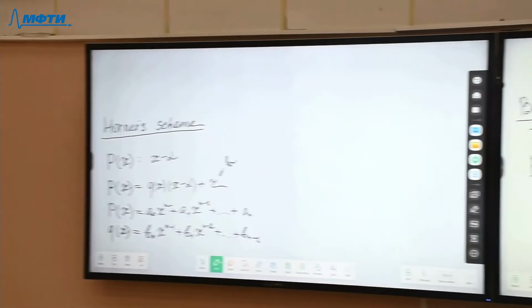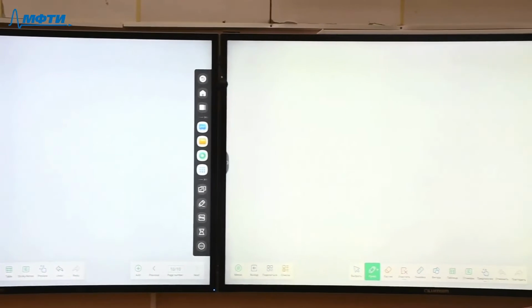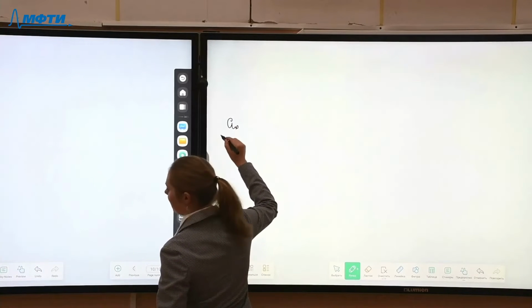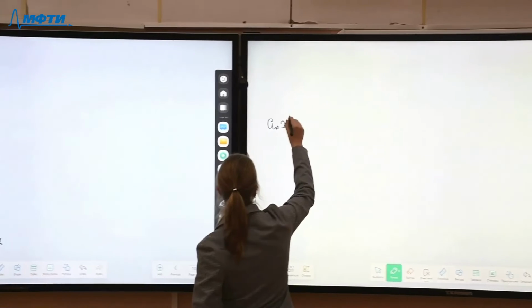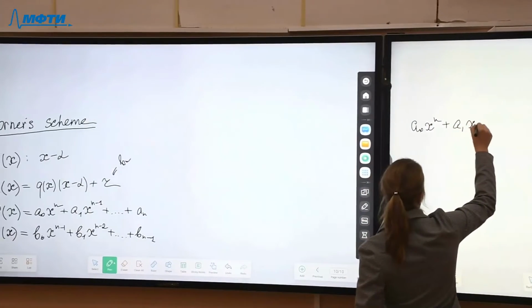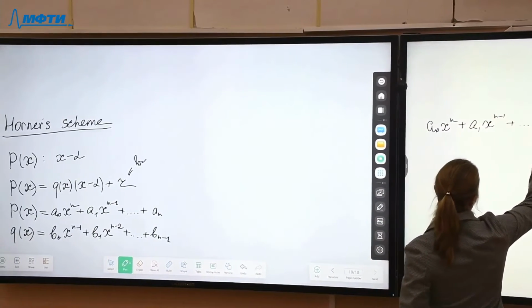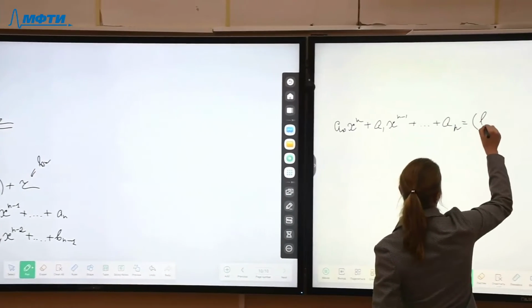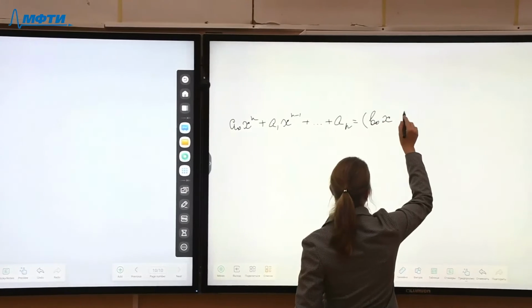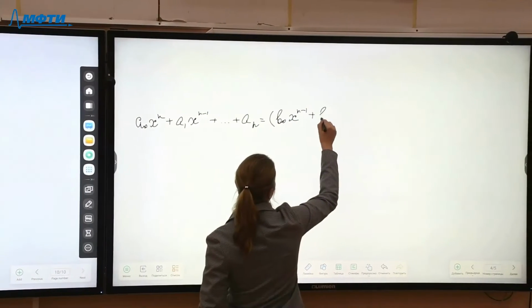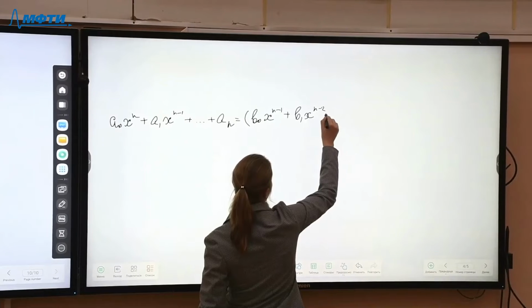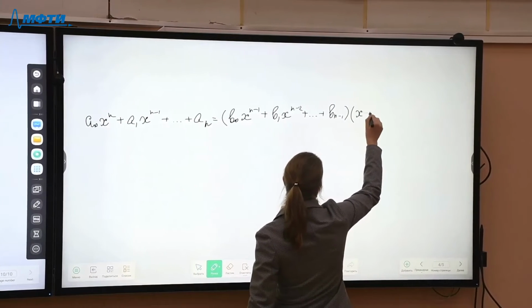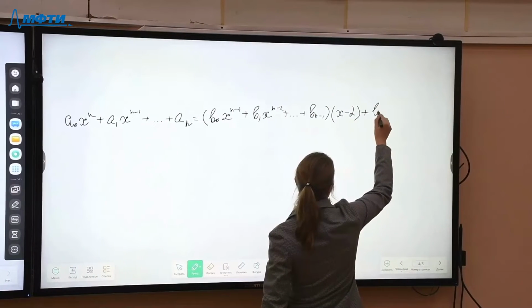Now let's consider our equality. Here we have a0 x to the power of n, plus a1 x to the power of n minus 1, plus and so on, plus an. And this is b0 x to the power of n minus 1, plus b1 x to the power of n minus 2, plus and so on, plus bn minus 1 times x minus alpha, and plus bn.